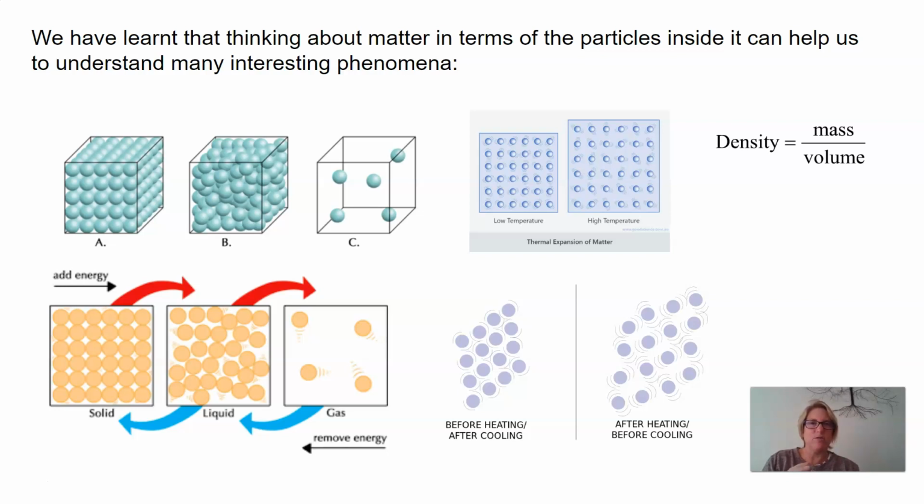So we are staying within a solid, or we're staying within a liquid, or we're staying within a gas, and we are looking at expansion and contraction within that state. And then lastly, this also links up with density, which explains the relationship between mass and volume, and how a substance can be identified according to its density.